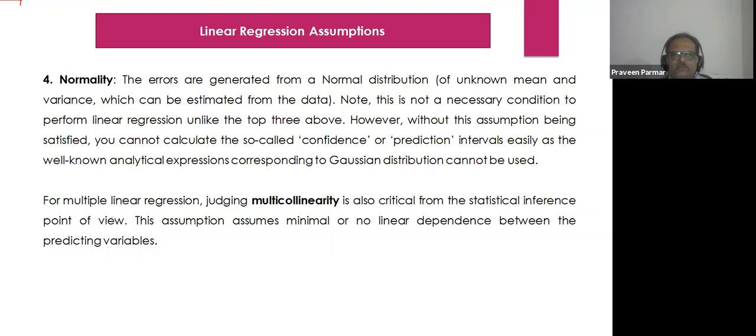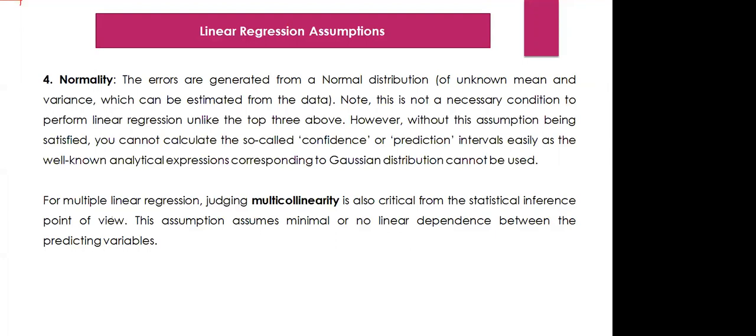However, without these assumptions being satisfied, you cannot calculate the so-called confidence and prediction intervals easily, as the well-known analytical expression corresponding to Gaussian distribution cannot be used. And for multiple linear regression, judging multicollinearity is also critical from the statistical inference point of view. This assumption assumes minimal or no linear dependence between the predicting variables.